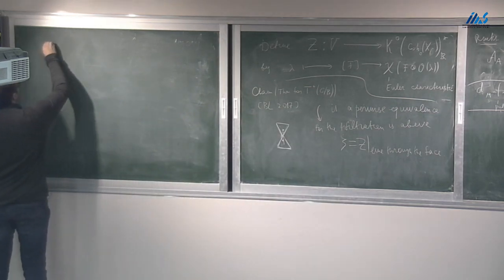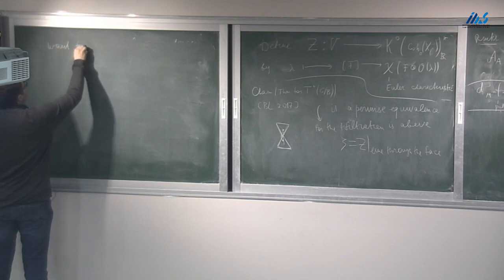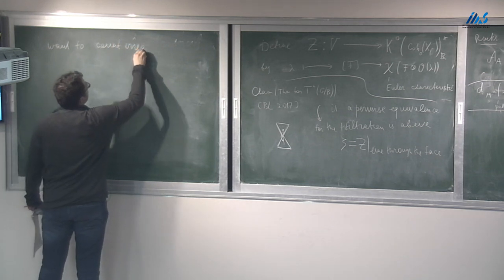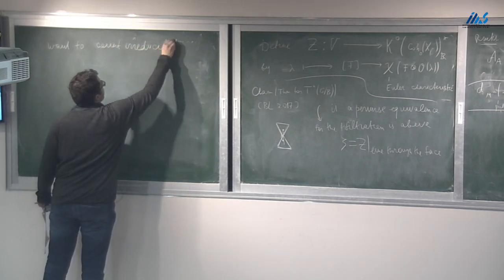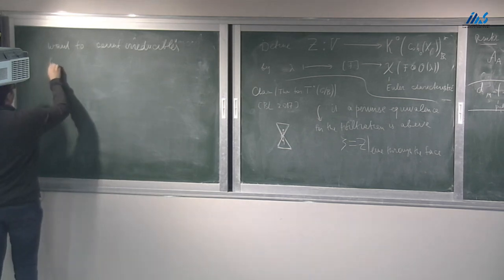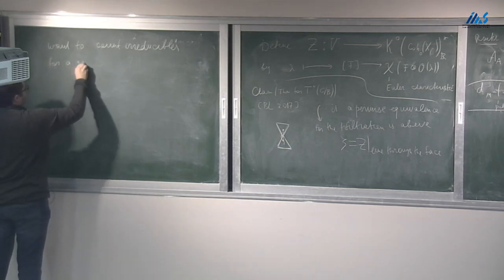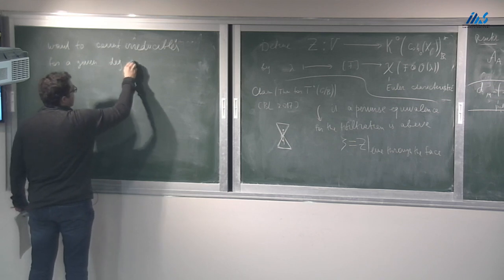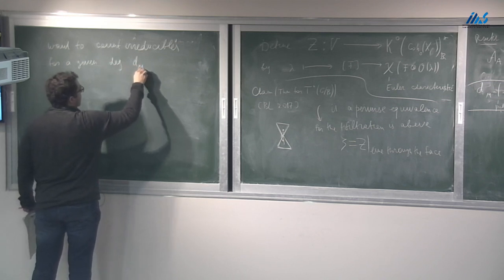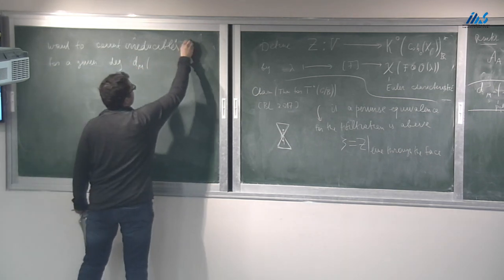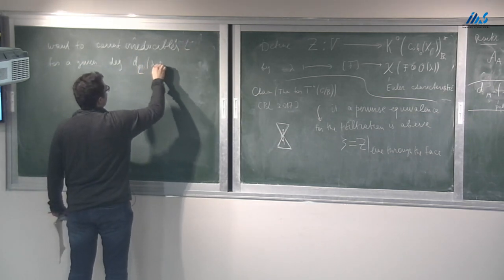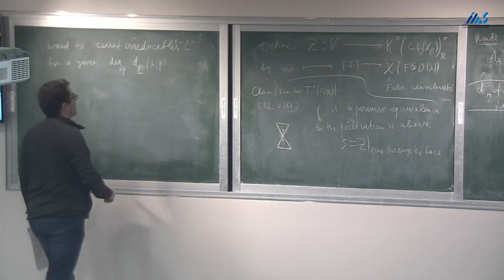So we can want to count irreducibles L of lambda p for a given degree in p of d_m.